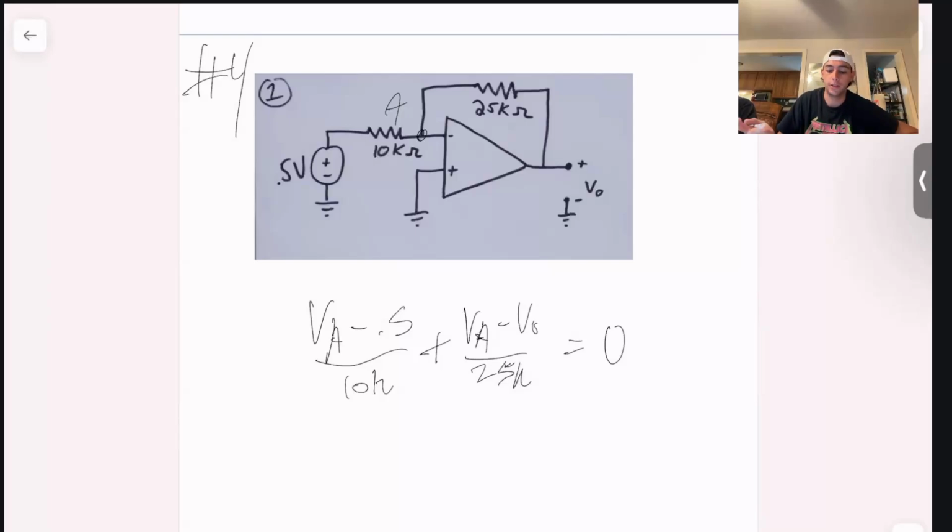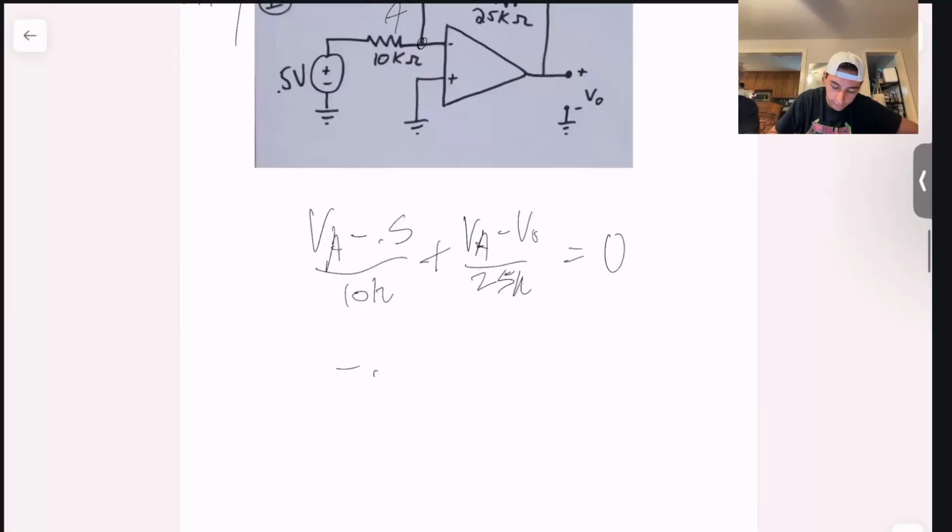The next thing you have to realize is that the voltage at node A is equal to 0, because you have no current flowing into the op amp because of the ideal op amp assumption. And so we can just substitute that in for negative 0.5 over 10K plus negative VO over 25K equals 0.